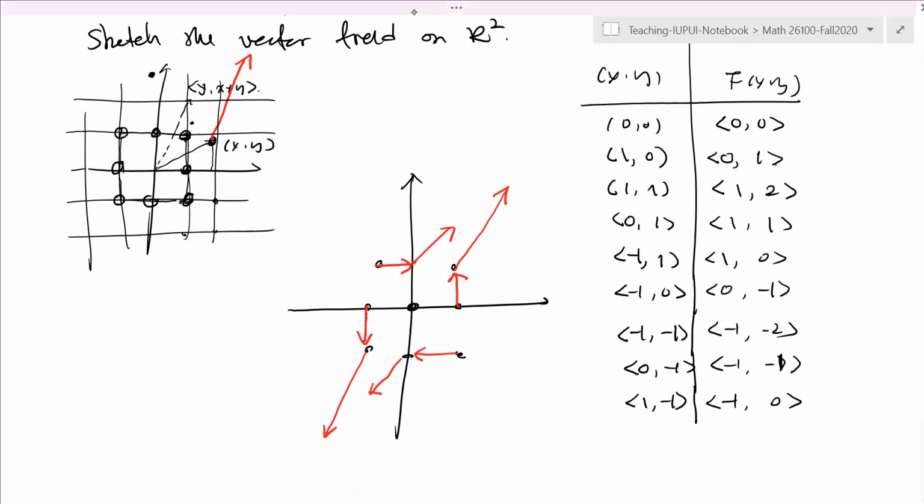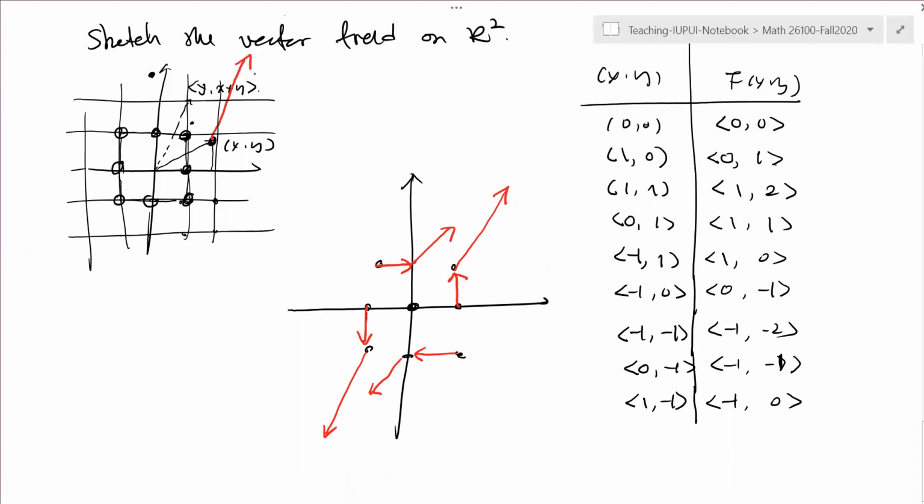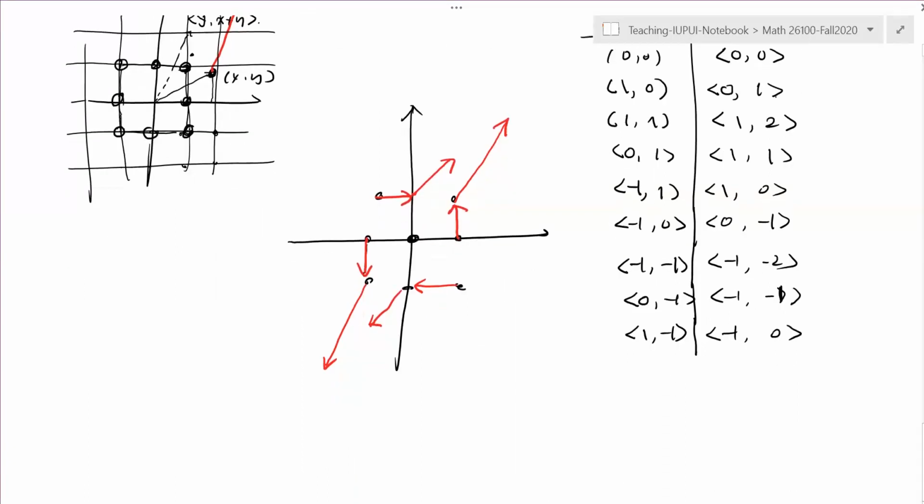So the vector field, it's pretty strange, but it looks like it's going that direction. If you want to draw the flow of the vector field, okay, it's going to be like that. Okay, clear? Yes.